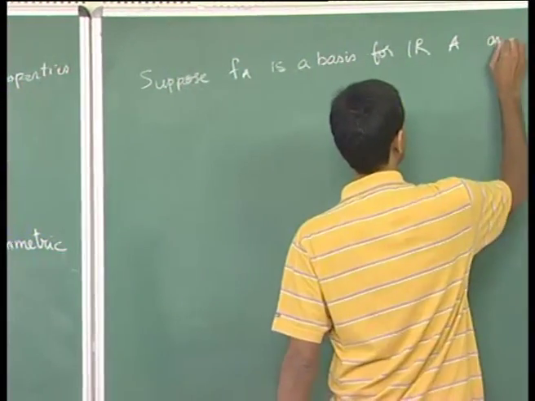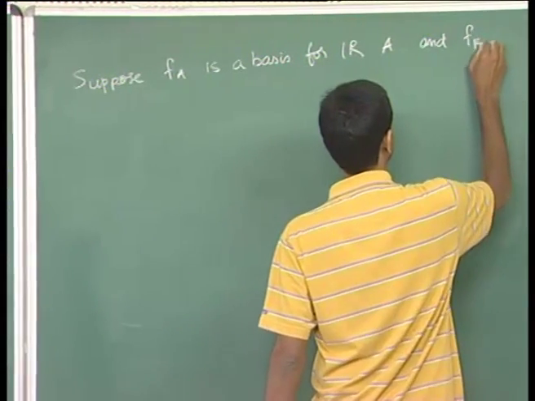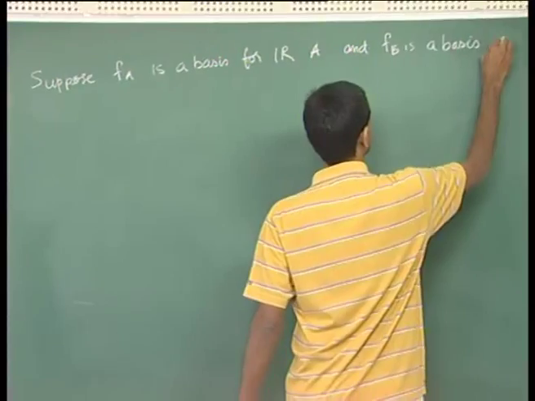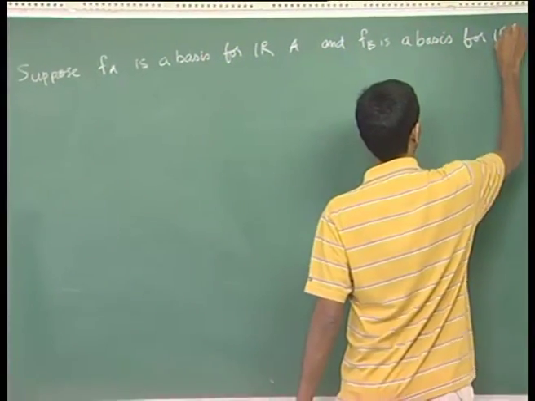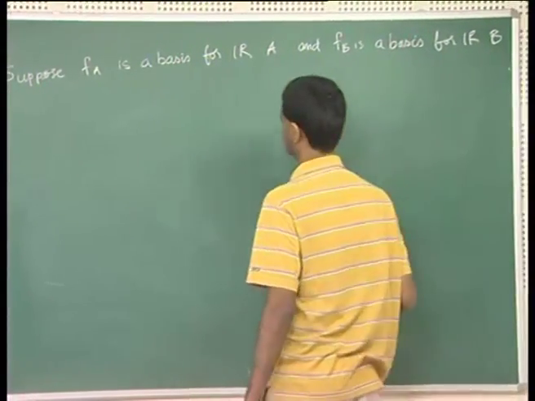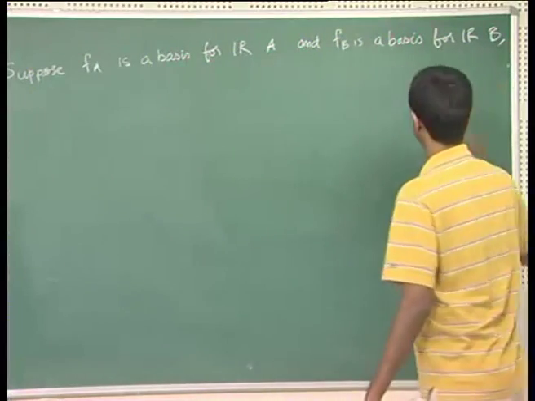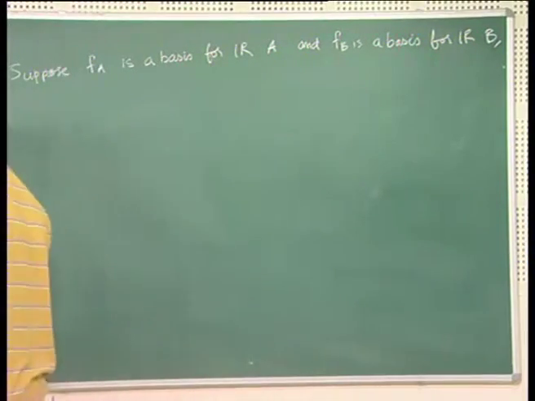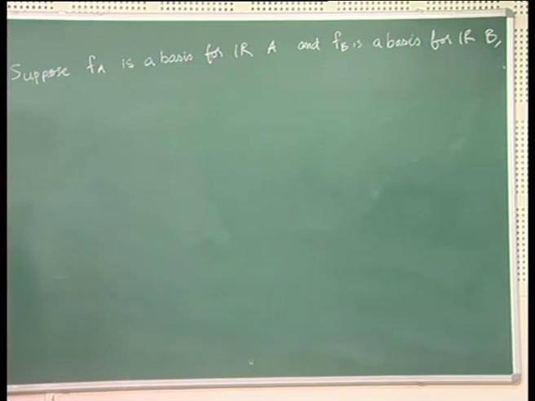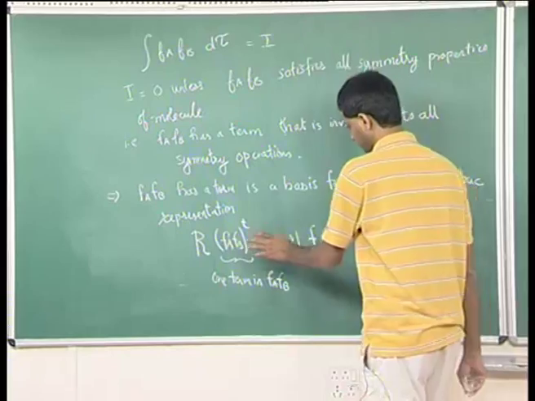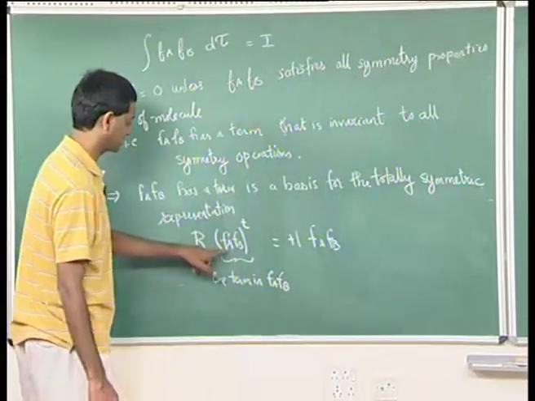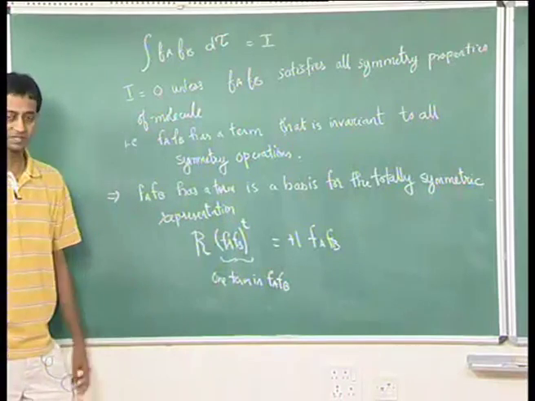and f_b is a basis for irreducible representation B. Suppose f_a is a basis for irreducible representation A and f_b is a basis for irreducible representation B, then what can you say about this representation AB versus A and B?